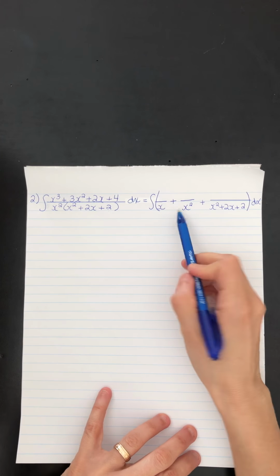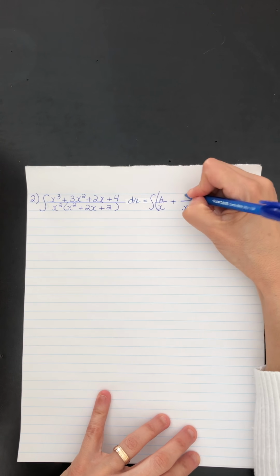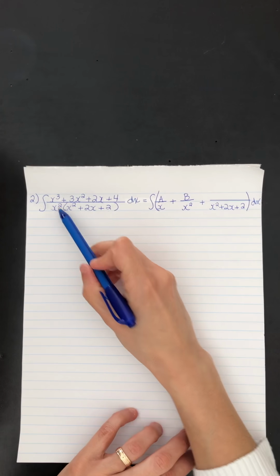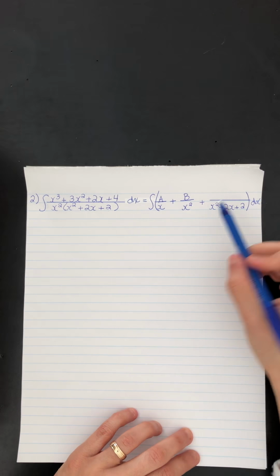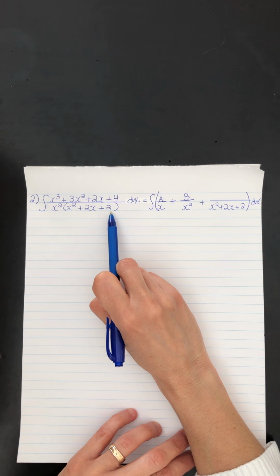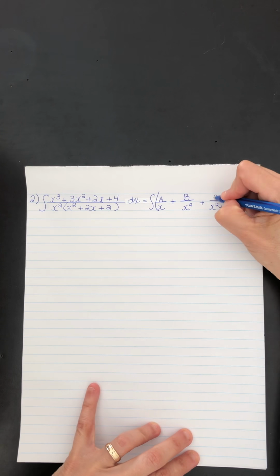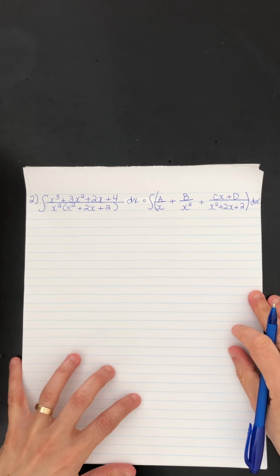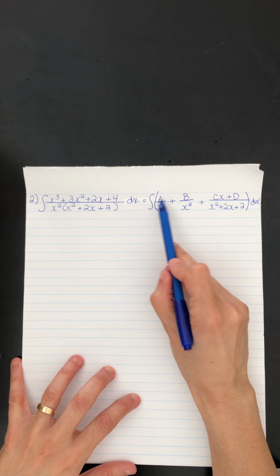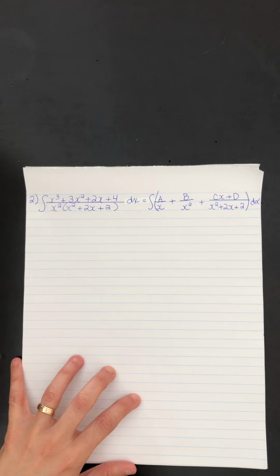For these 2 terms, a single letter is appropriate. Again, that is a repeated linear factor. For this quadratic factor, we need something of this form, cx plus d. I've already used up the a and b, which is why we start with c.